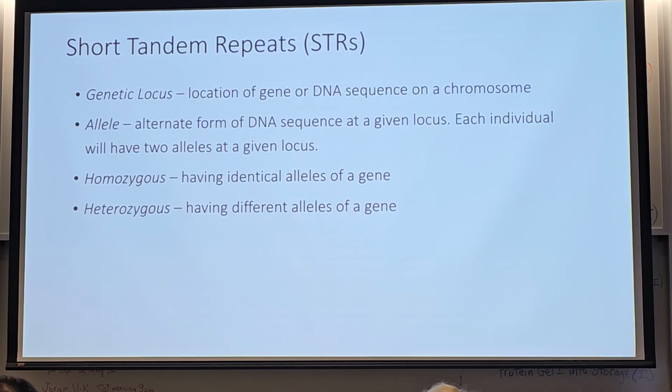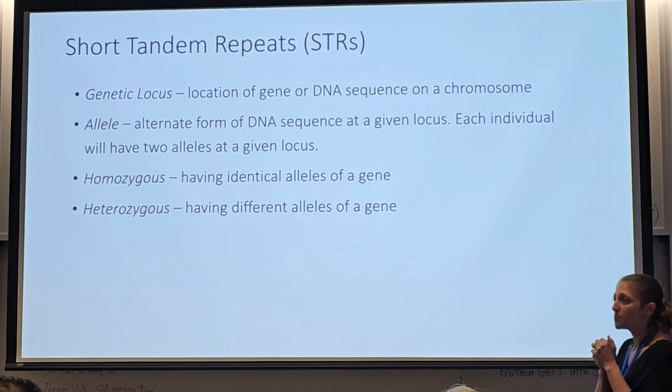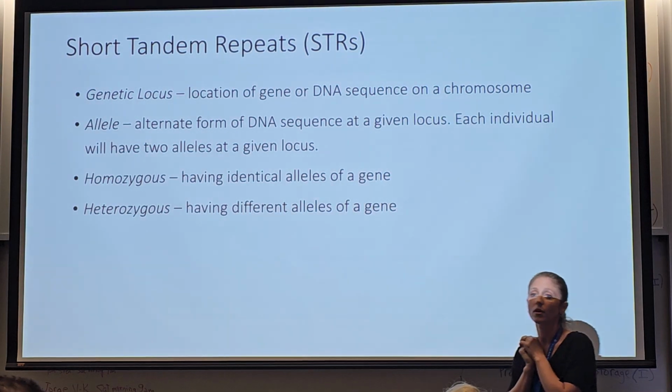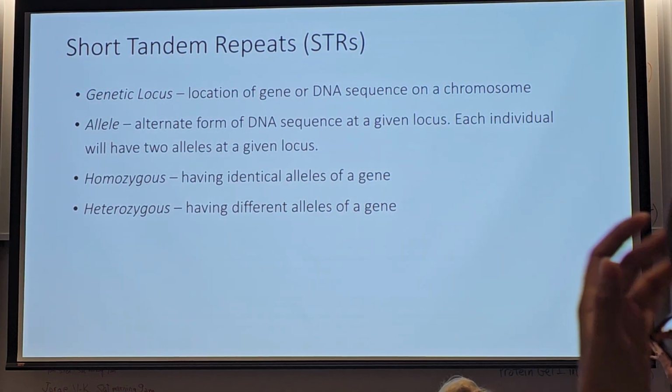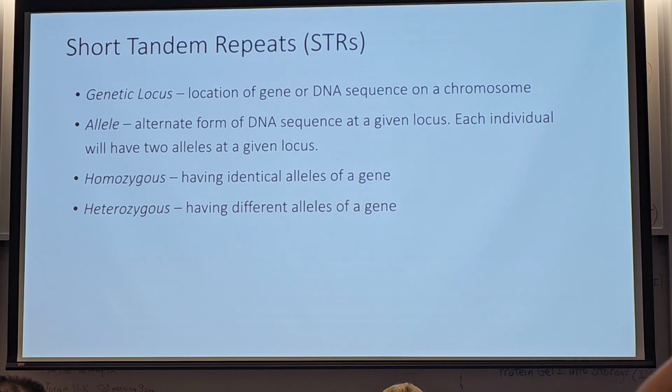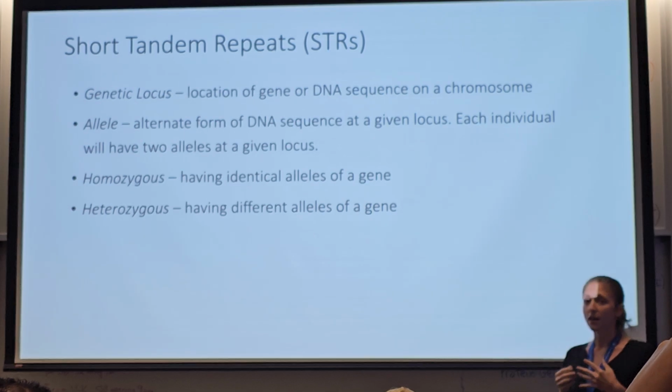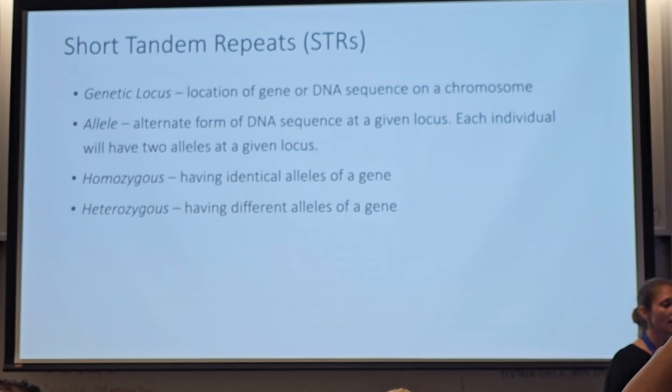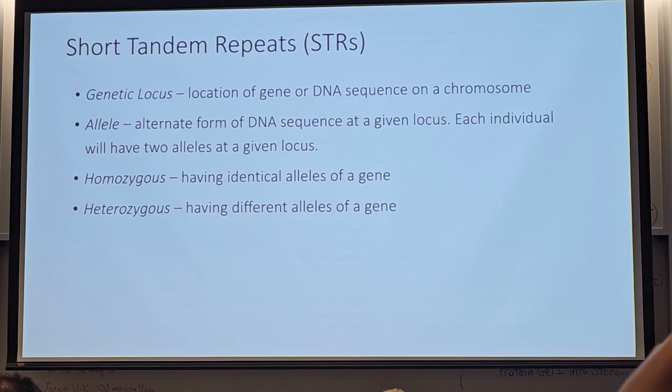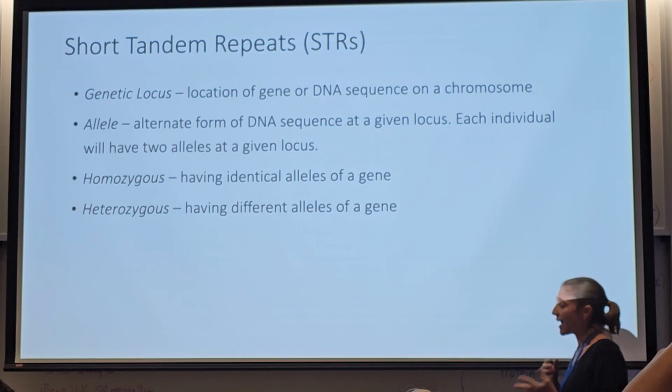And so just a little bit of refresher in terms of heredity, okay? When we're talking about a genetic locus, we're referring to the location of a gene or DNA sequence on a particular chromosome. And at each one of these genetic loci, you have what's known as alleles. These are alternate forms of DNA at a given locus.